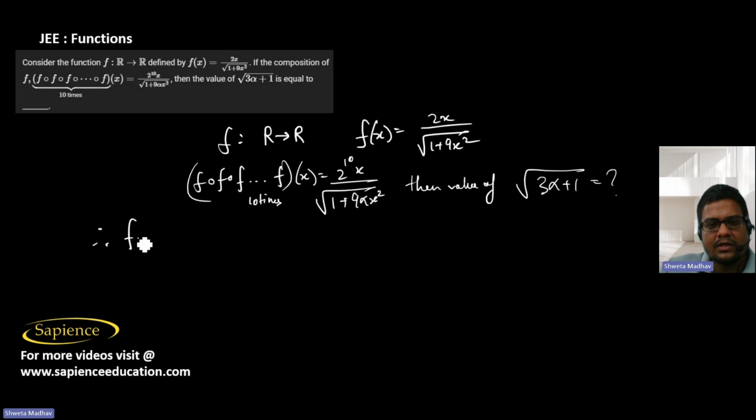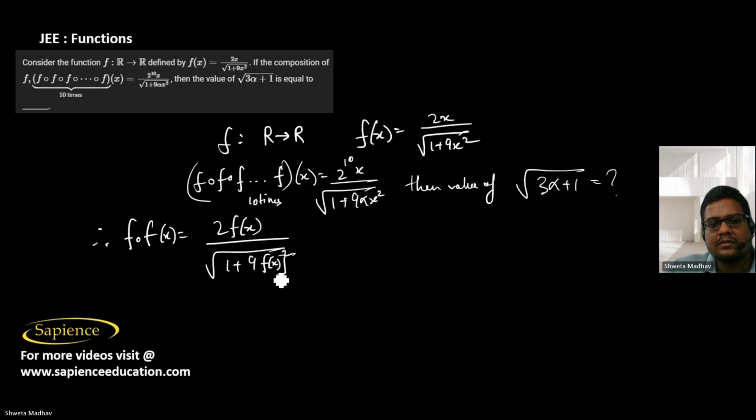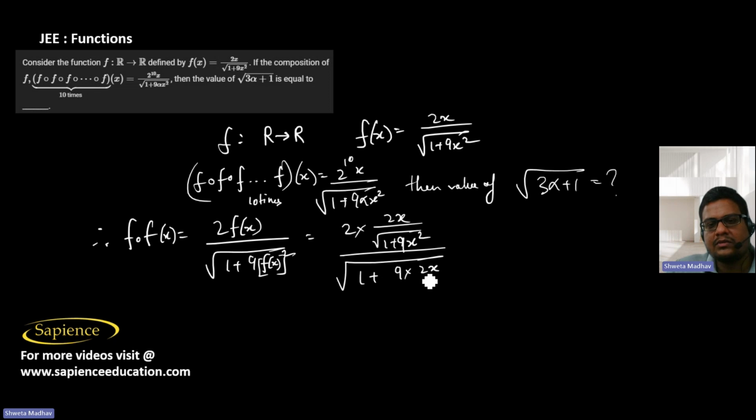So now if we take f of f of x, that will be 2 into f of x divided by square root of 1 plus 9 into f of x whole square. So that will be 2 into 2x by square root of 1 plus 9x square, divided by square root of 1 plus 9 into 2x by square root of 1 plus 9x square whole square.